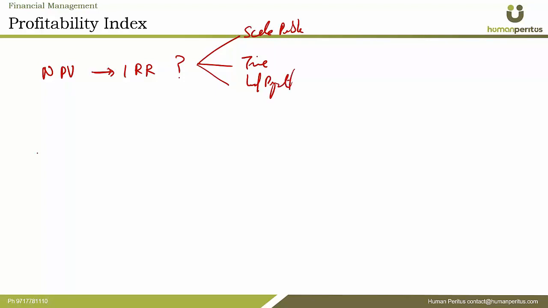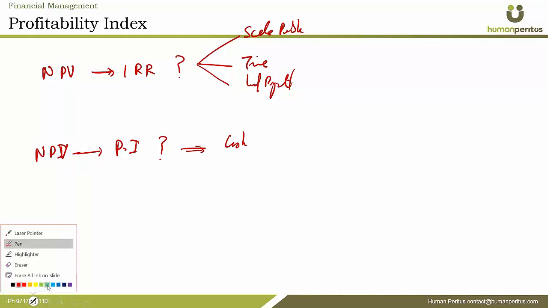Similarly, NPV and profitability index will also have problems. Problems means what? Conflict in decision making, because of the same reasons only, which are scale problem and timing and all those things. Similarly, it will have the same problems between NPV and PI as well.